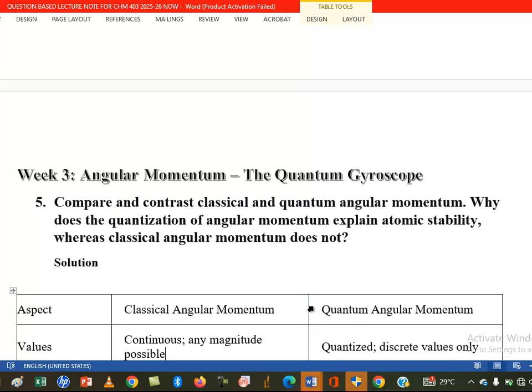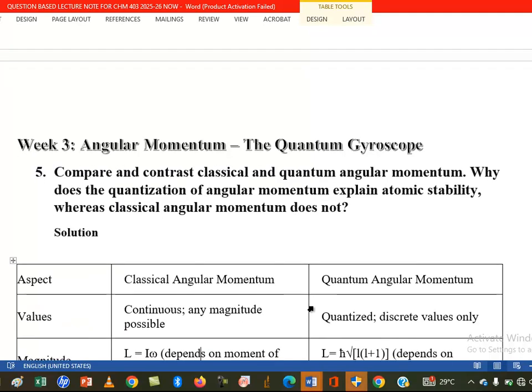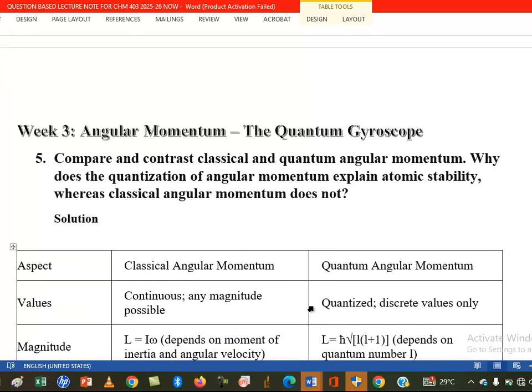So for question 5, we are looking at angular momentum. Here we say compare and contrast classical and quantum angular momentum. Why does the quantization of angular momentum explain atomic stability, whereas classical angular momentum does not?